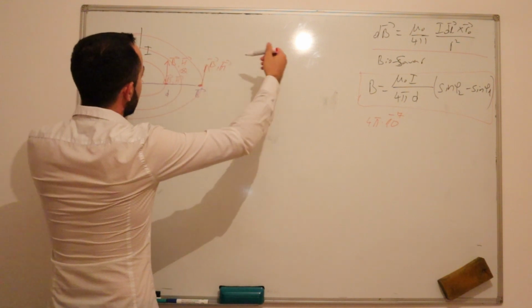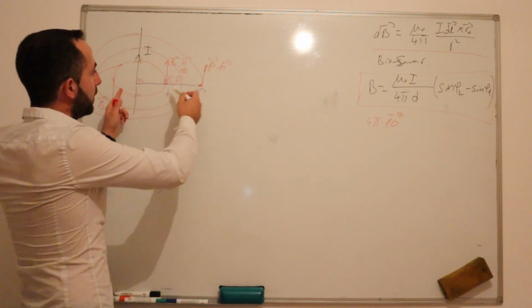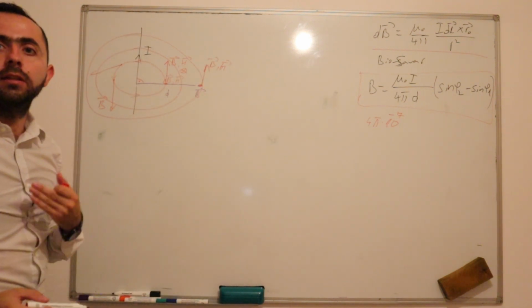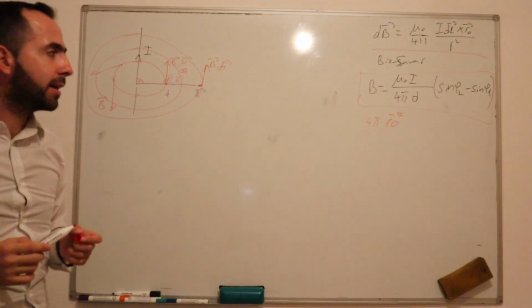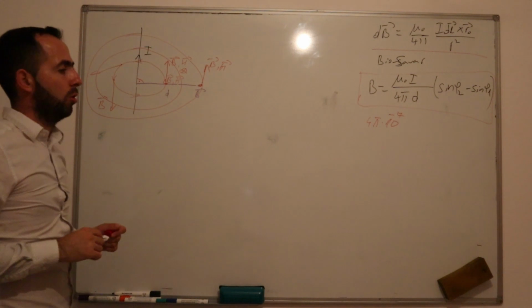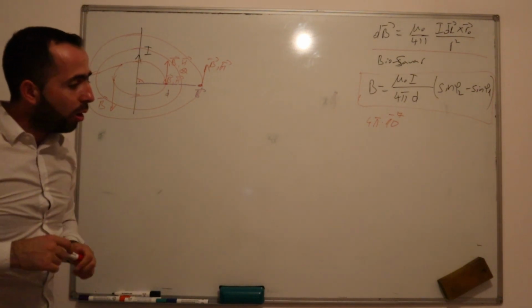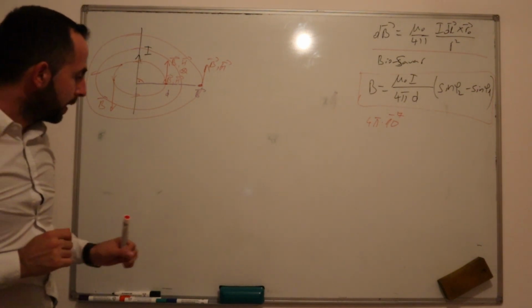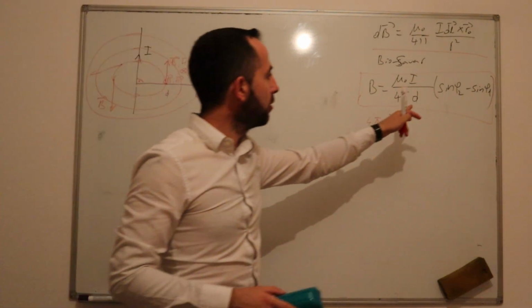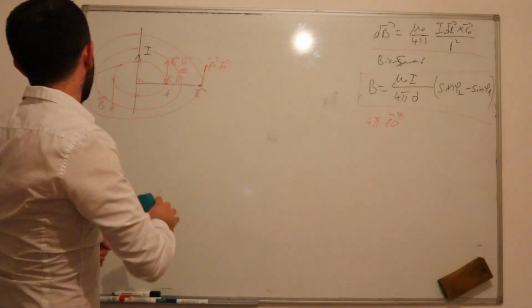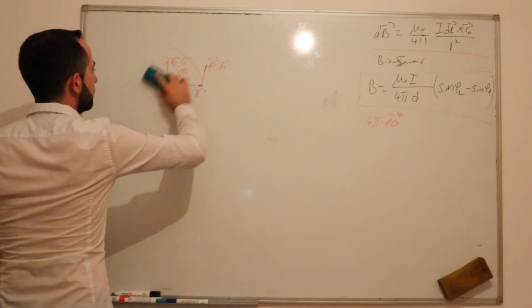As we move away from a conductor, the magnetic field is weaker. As we are closer to a conductor, our magnetic field is stronger. So now I will show you how to use this formula to calculate a magnetic field.